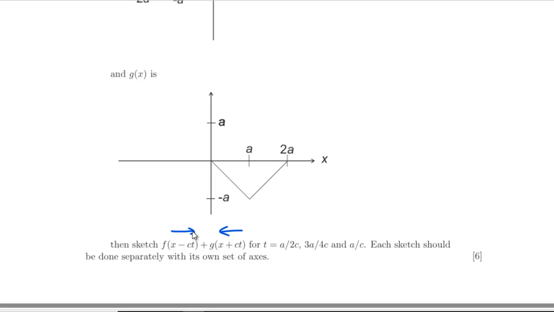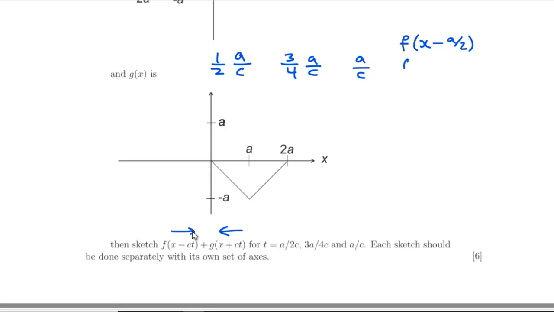So I'm going to write these times here because we've got real issues with space. Actually, that's a half a over c, that's 3/4 a over c, and then we've got just a over c. So what are we getting on these? We're going to have f of x minus ct. So that will be f of x minus a over 2.